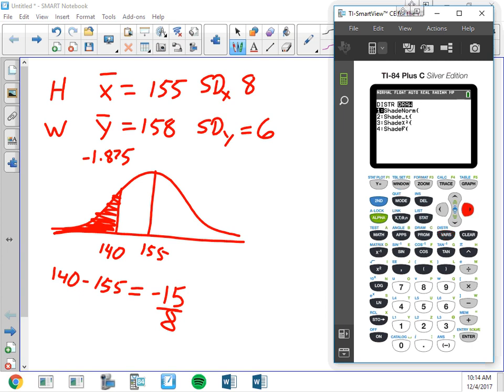So I want to shade norm from negative, a really big number, negative 5 to negative 1.875. My standard deviation is 1 and my average is 0. And I end up with 3%. So this woman is pretty short compared to everybody else. Now I just made these numbers up. So they don't really mean anything, but it does matter.